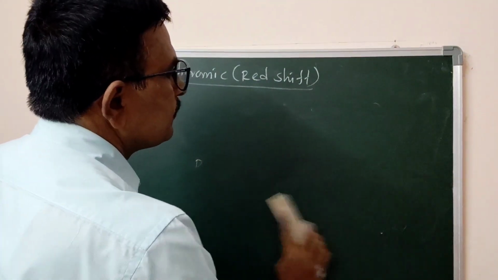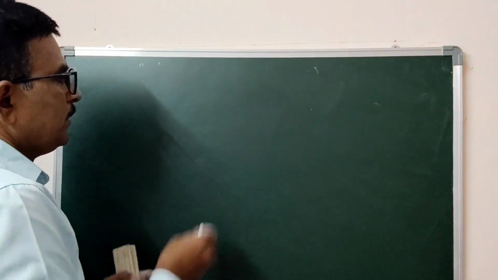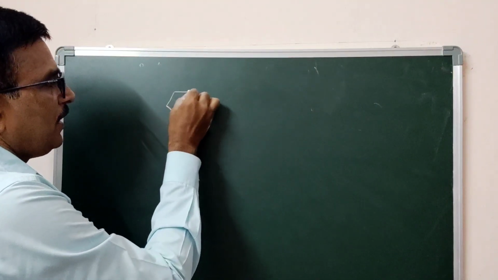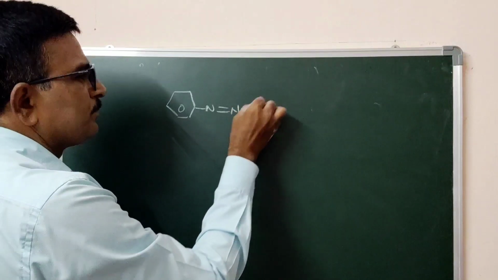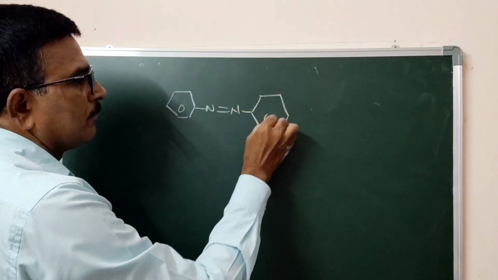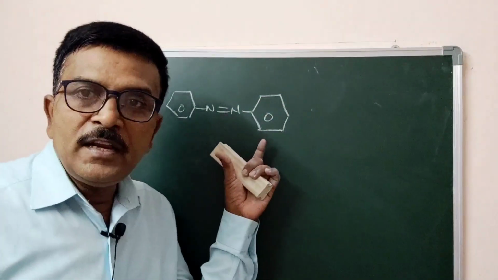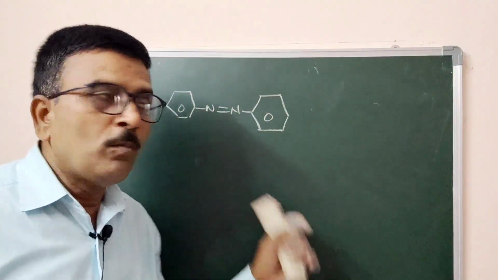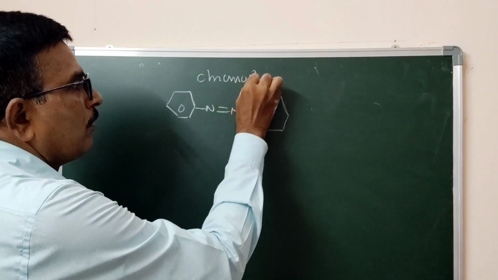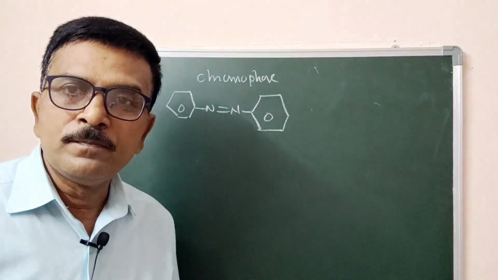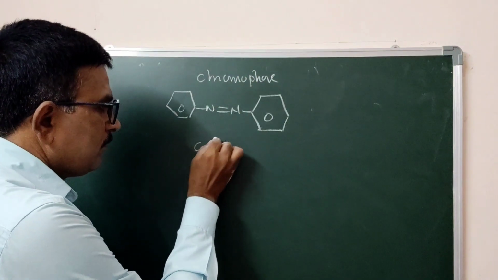Similarly, you take another molecule, say N double bond N. Now the whole molecule is a chromophore. This is the chromophore. It is colorless.